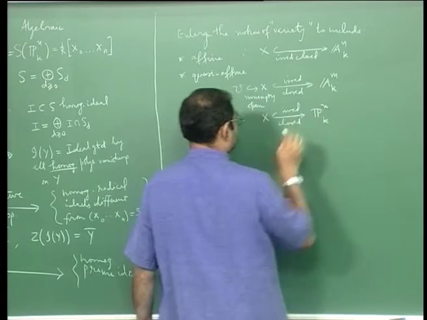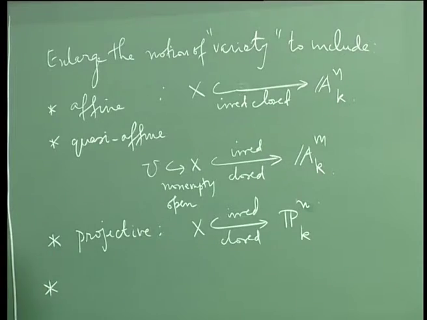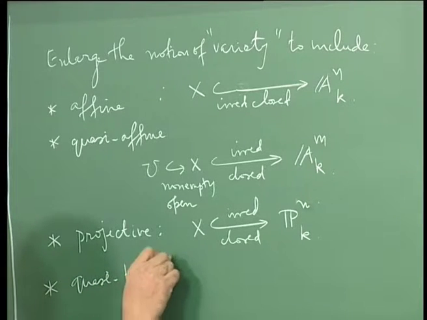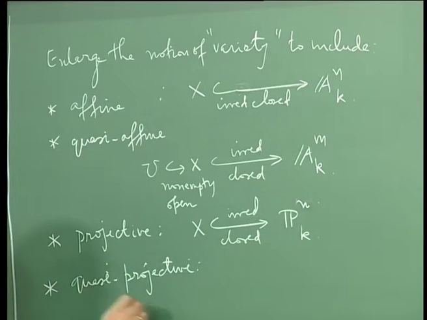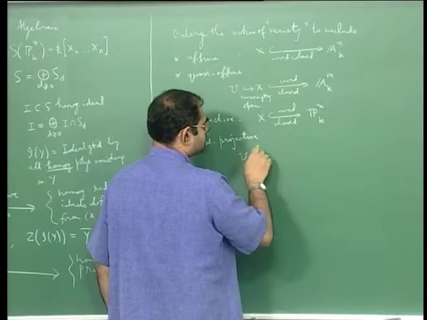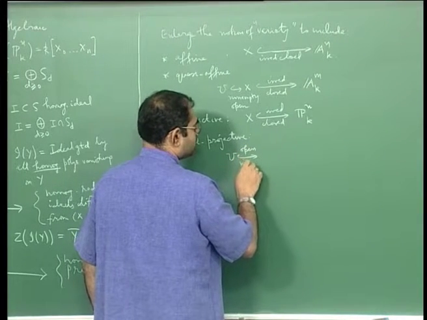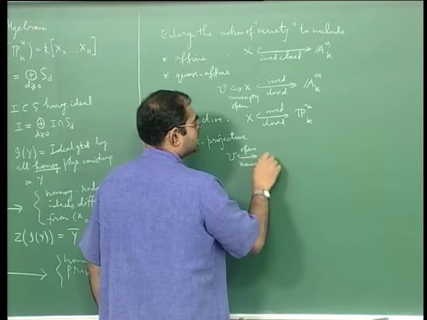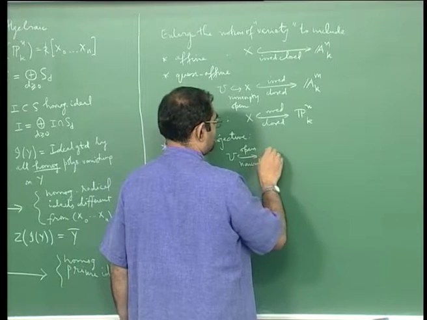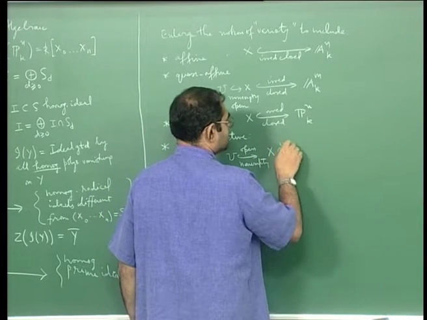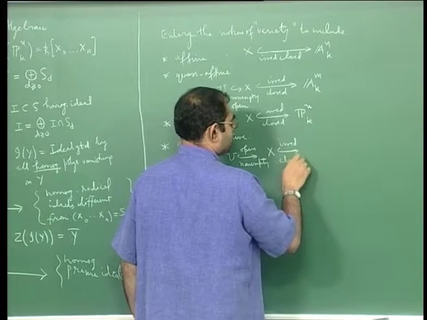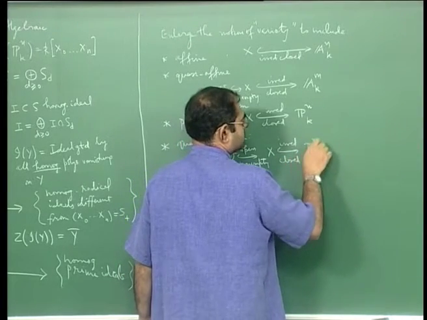And of course you can again define quasi-projective varieties, which are open subsets of projective varieties. So they will look like a non-empty open subset inside X, which is irreducible closed inside some projective space.